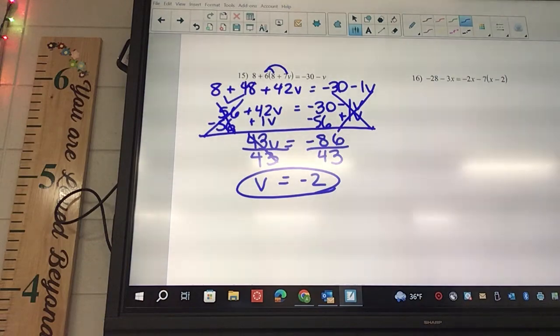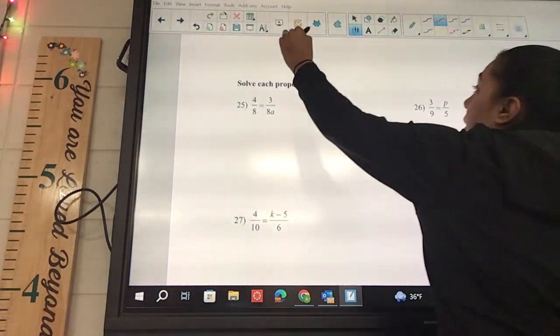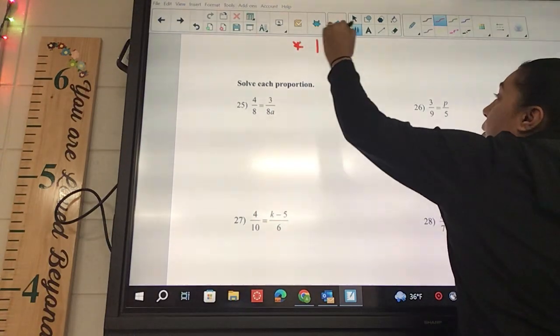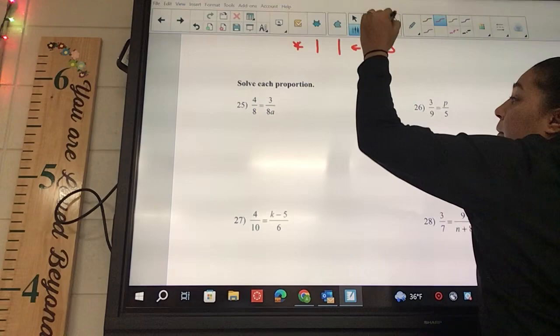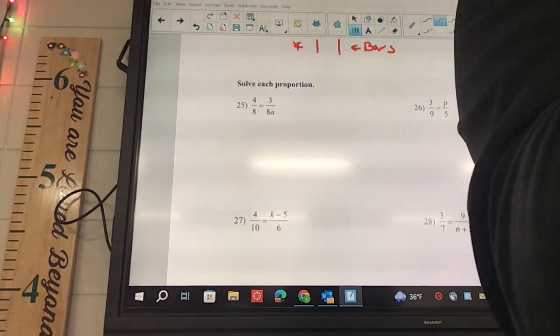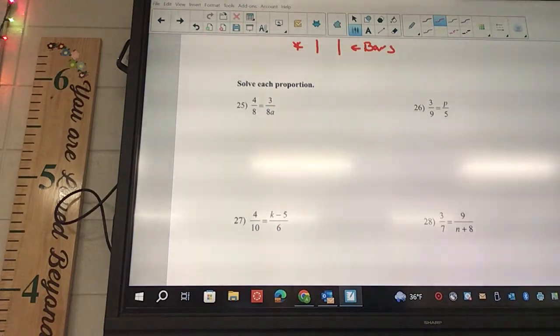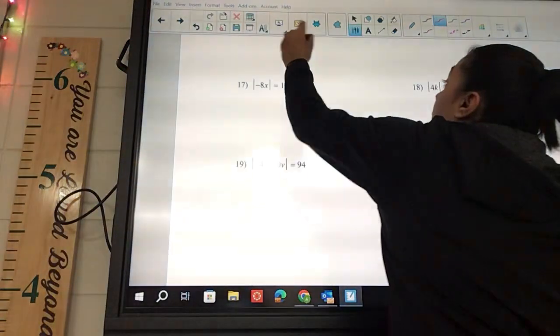Okay, the next section on here, this is the note I want you to write, okay? The bars. Am I on the same one? I skipped a page. There we go.